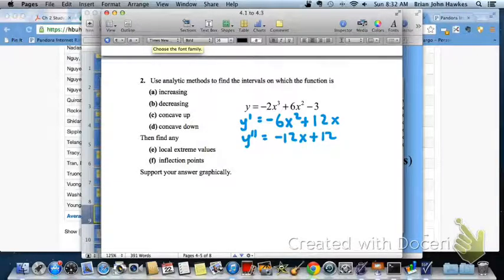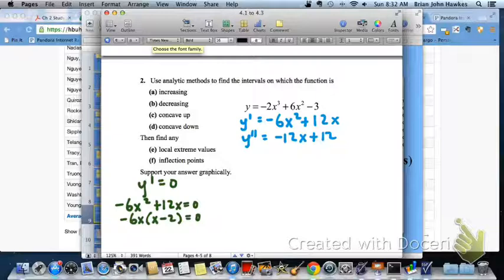Okay, well, the first derivative test, y prime equals 0. Let's try that right down here. Y prime equals 0 when negative 6x squared plus 12x is equal to 0. If we factor out a negative 6x, we get x minus 2 equal to 0 as well.